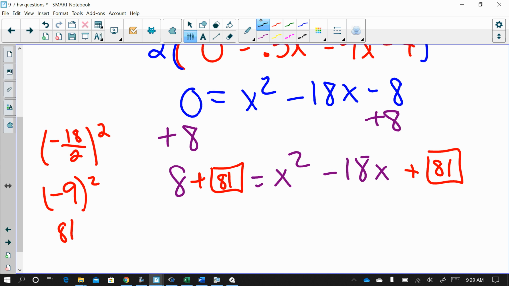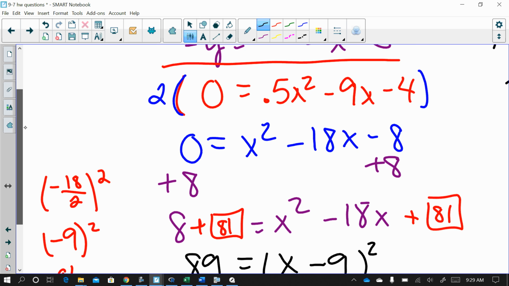Okay, so now let's go ahead and rewrite. So 81 plus 8 gives me 89 equals x minus 9 squared. Trying to think if I did anything wrong here because this is messy.